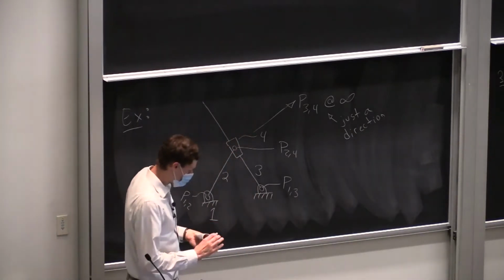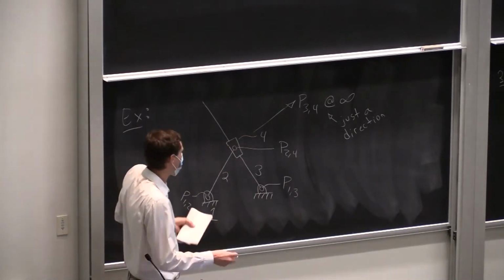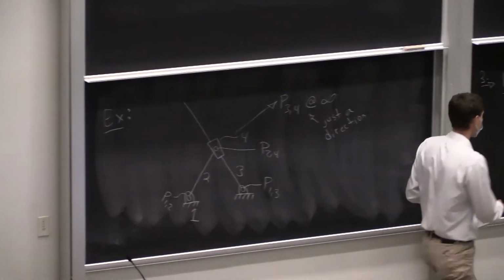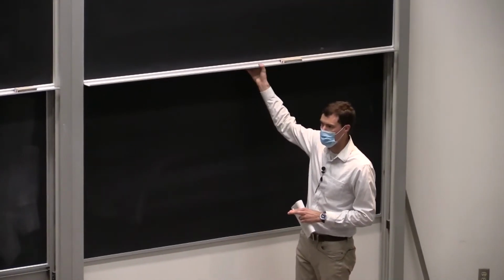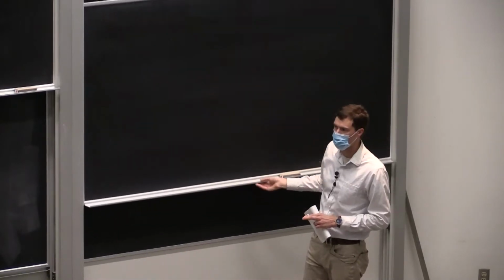Okay, so let's see which ones we want to find. Let's find P14 next. P14, and that's a nice instance center because that's the point about which link 4 is rotating.